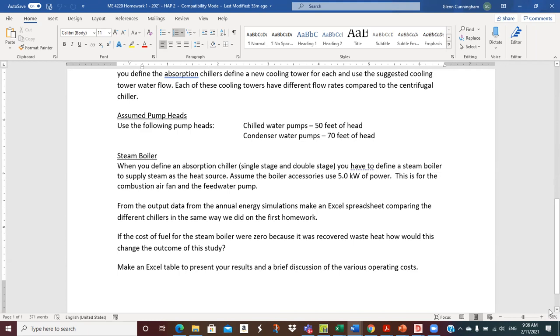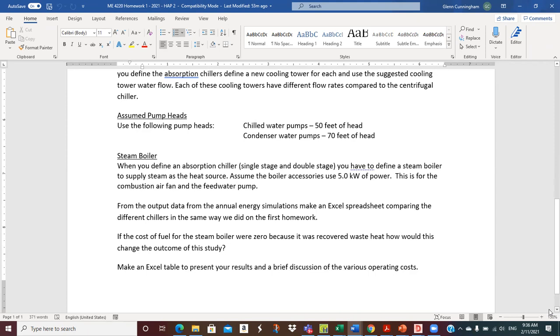Let's see, from the output data, just take that Excel sheet that you already have, and you can copy those categories. You may want to break out the steam boiler energy for absorption and then the heating boiler energy.